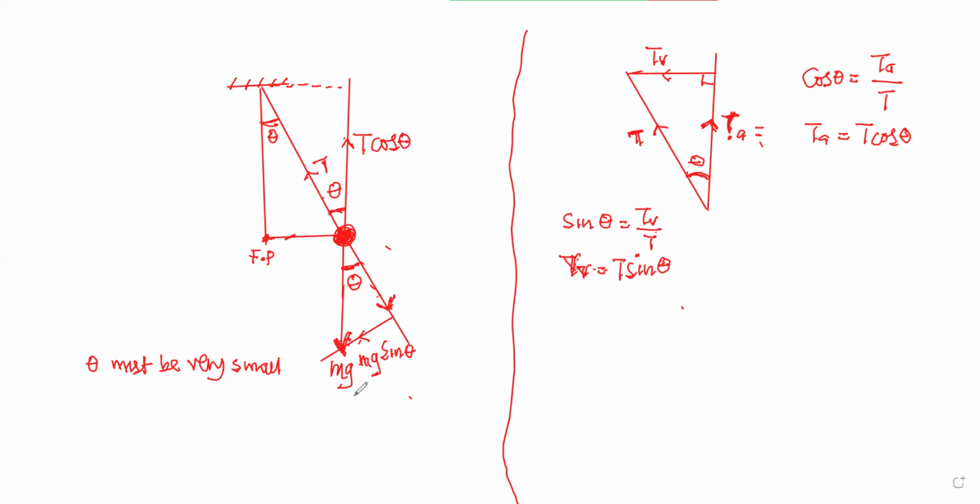Under this concept, the horizontal would also be mg cos theta, meaning the weight is tilted at this angle theta. So we are resolving the weight to get its vertical component and horizontal component. Okay, similar to what we did here.